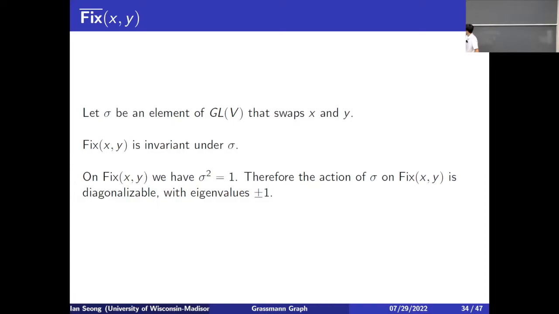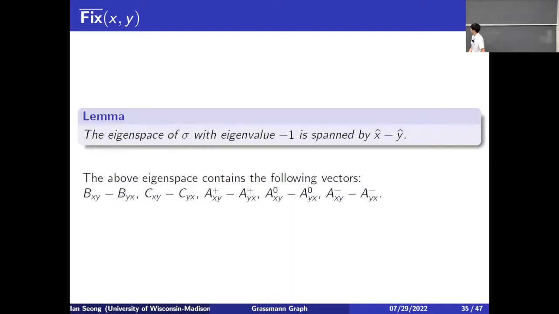So the action of sigma on fixed xy is diagonalizable, and it has eigenvalues plus and minus 1. For the eigenvalue -1, we have a lemma saying that the eigenspace of sigma with eigenvalue -1 is spanned by x hat minus y hat.